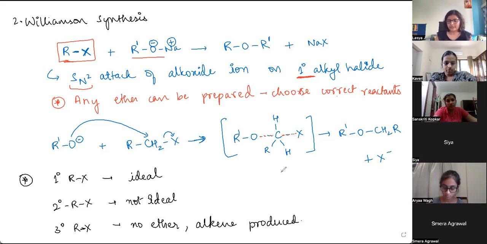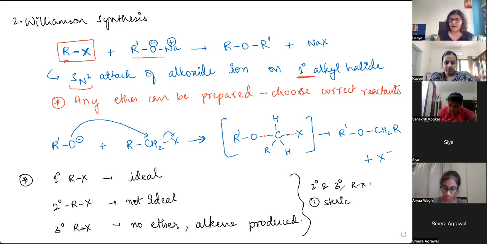Okay. And the reason for this happening is that, in the case of secondary and tertiary alkyl halides, one, you have steric hindrance, because of which you can't guarantee that the SN2 mechanism will take place. There is a possibility for SN1.